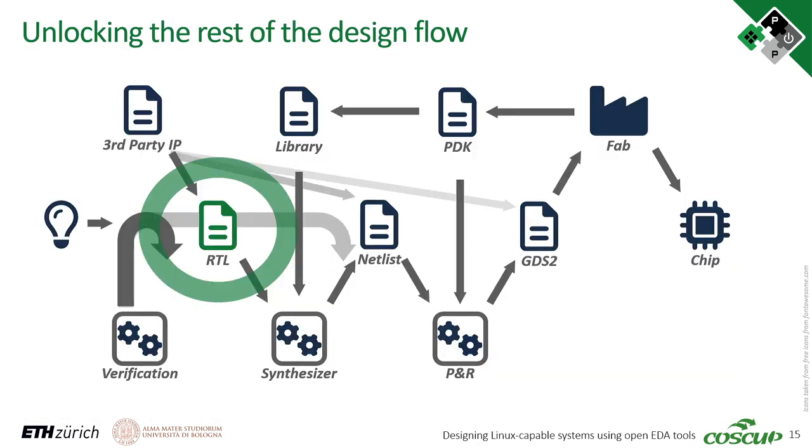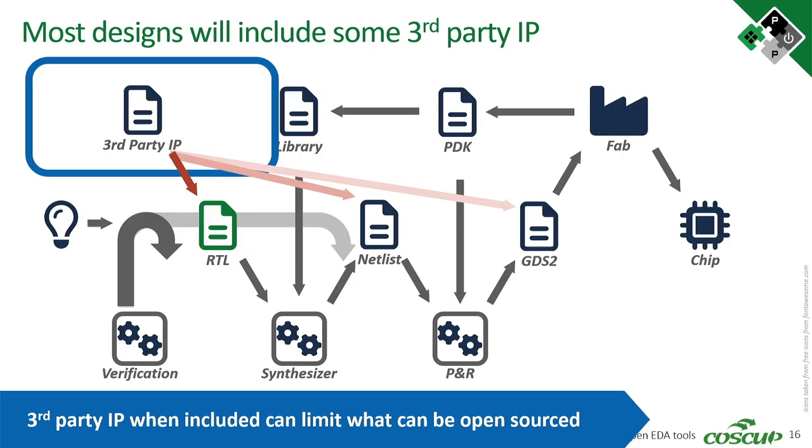So now we have this RTL part covered pretty well, and the next step is to unlock the rest of this design flow so that we can make as much open as possible. The first limiting factor is these third-party IPs, which you might use at any stage. Depending on how this is licensed, you can't use it.